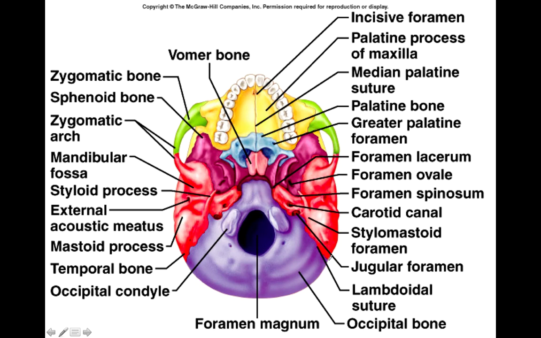Oh, you can see this lambdoidal suture continues down here. The occipital bone has a foramen magnum. So foramen magnum makes you think of large hole. And this is where your spinal cord passes through from the vertebra into the skull. And from this, you also have to know the jugular foramen and the carotid canals, both places where blood vessels pass through.